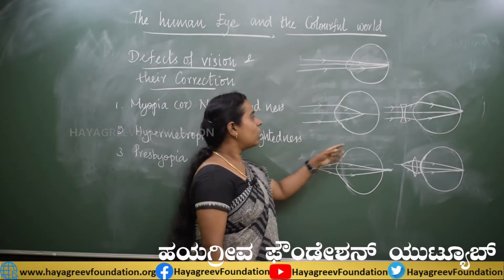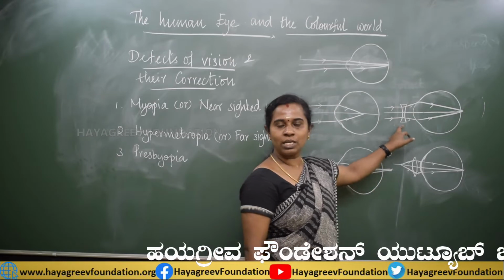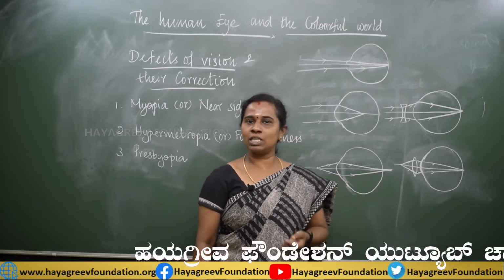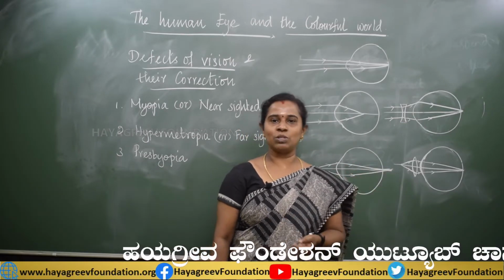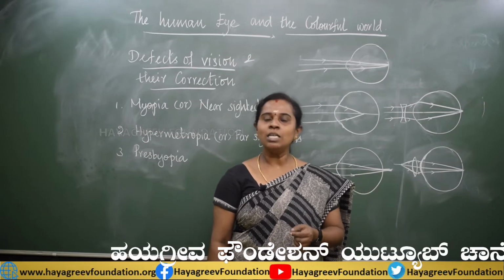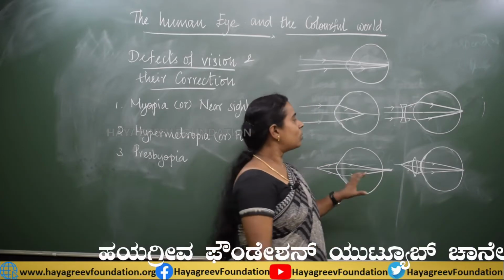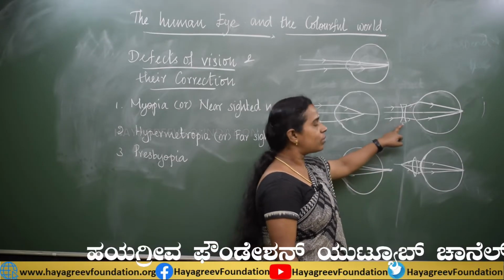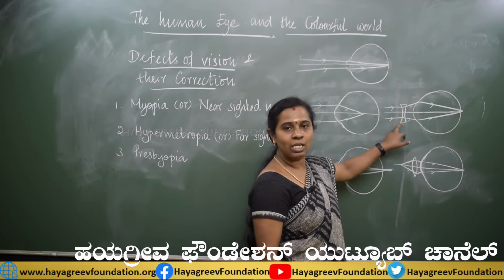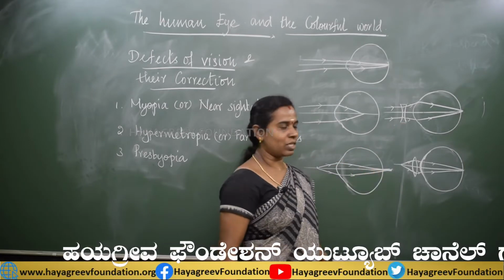By using a concave lens. A concave lens has one more name, a diverging lens. By using a diverging lens, we can correct myopia. How does it happen? A diverging lens or concave lens diverges the light rays.